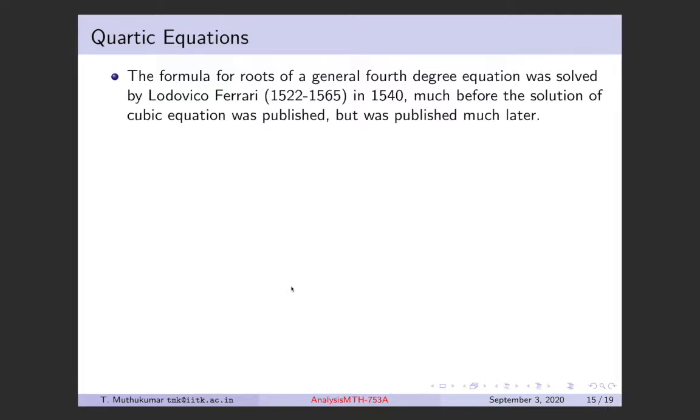The cubic formula was published much later by Cardano, after he had obtained it orally, and actually after several years. So the formula for the quartic equation was published before the cubic equation, and in fact the proof is probably kind of simpler than the cubic equation.